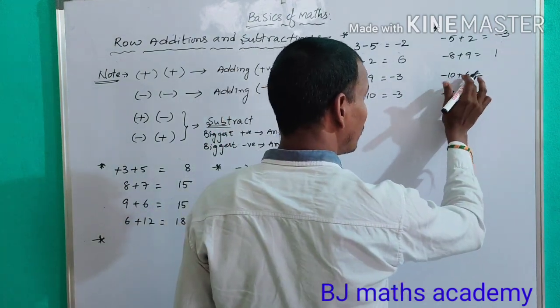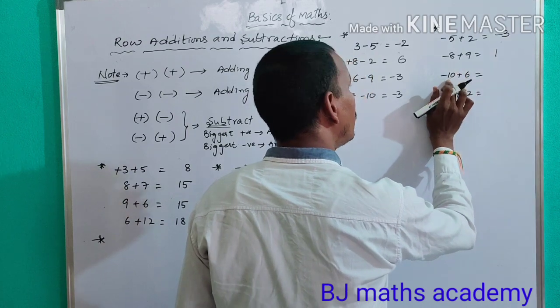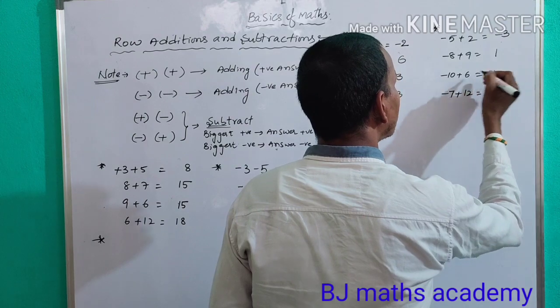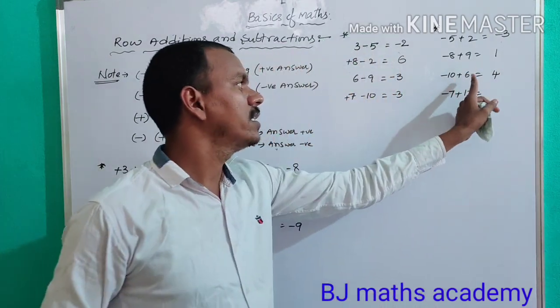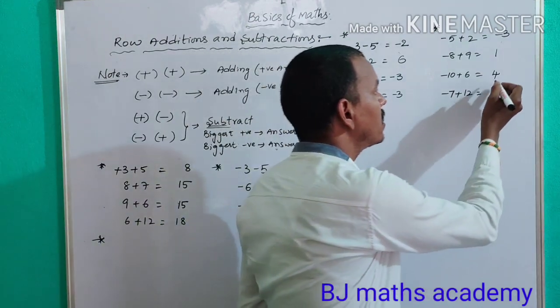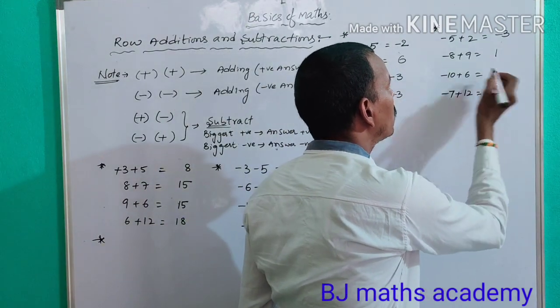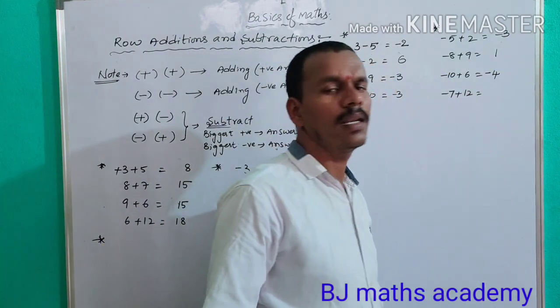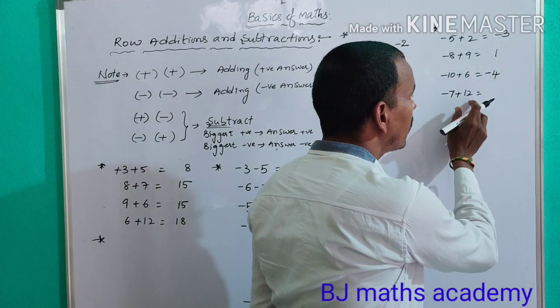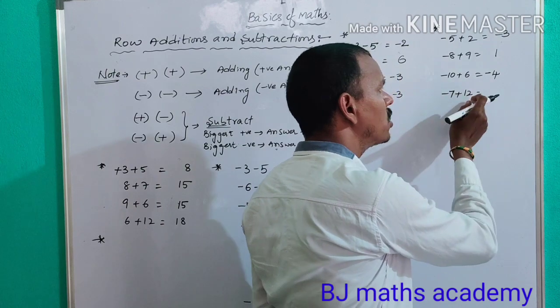Now next, minus 10 plus 6. One is negative, one is positive, so we subtract. Subtracting 6 from 10, we get 4. But here the biggest is negative, so the answer becomes negative. Next, minus 7 plus 12. Here one is negative, one is positive.